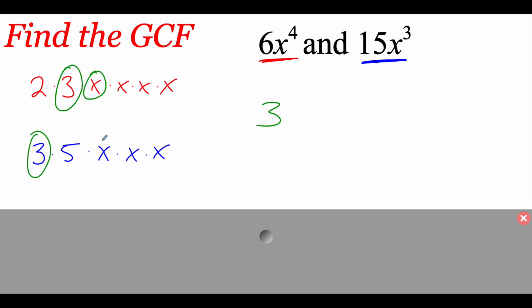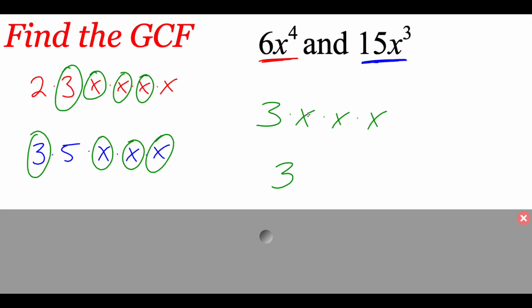I see that we have one x in common, two x's in common, and then a third x in common. So if I multiply all that together, there's nothing to really multiply by that 3, so it's going to stay as a 3. But if I take x times x times x, that's going to be x cubed. So the greatest common factor between 6x to the fourth and 15x cubed is 3x cubed.